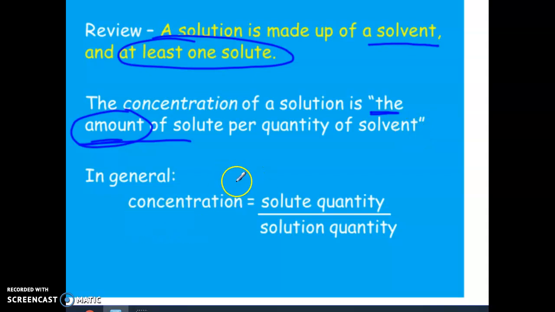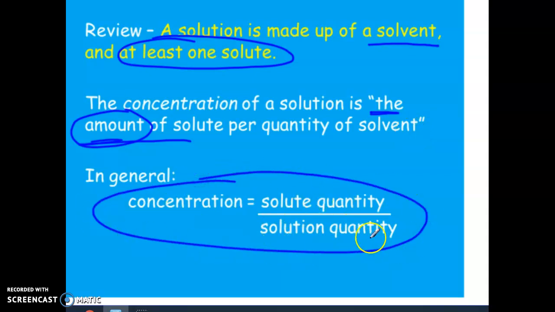So in general, concentration is solute over solution. So what we've looked at so far is expressing solute in the value of moles, and we've looked at expressing the solution in the volume of liters. So this is what we're looking at today that can be changed depending on what type of concentration you'd like to express.